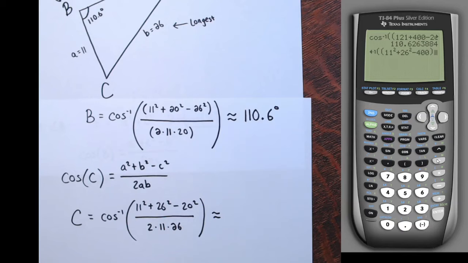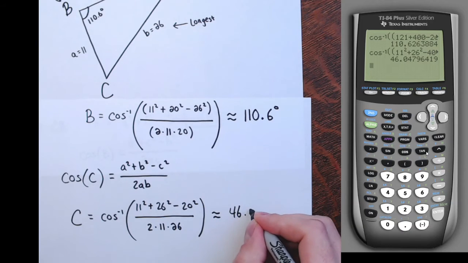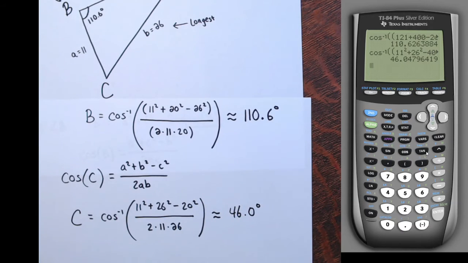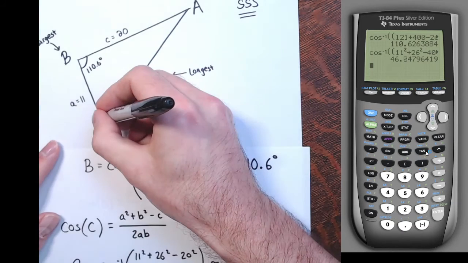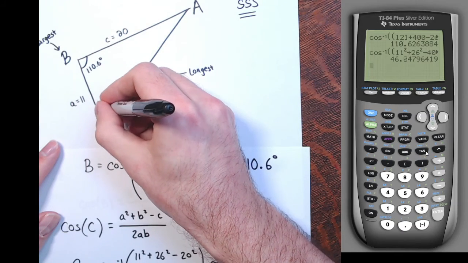Close parentheses on the numerator, divided by, and then parentheses for the denominator, 2 times 11 times 26. Close parentheses on the denominator, close parentheses on the whole thing. About 46 degrees, because that rounded to one decimal place is just 46. So angle C is approximately 46.0 degrees.